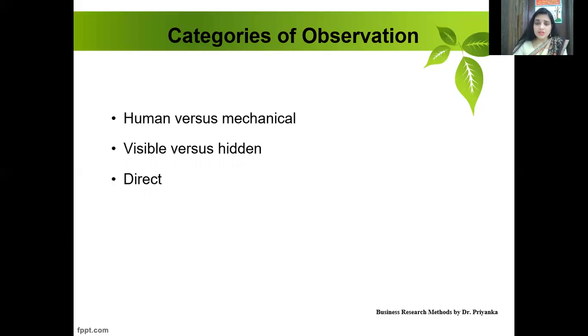Then direct observation means you are directly observing something or a person. Direct observation can even be stated as: you do not have to relate anything to any other thing. For example, direct observation can produce a detailed record of events or what people actually do. You do not have to manipulate, you do not have to record anything else related to that observation.